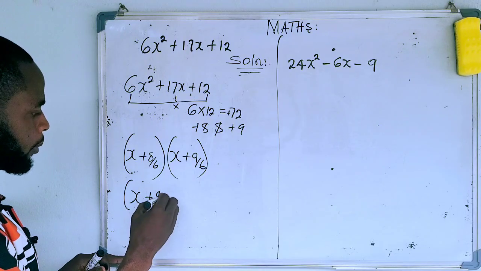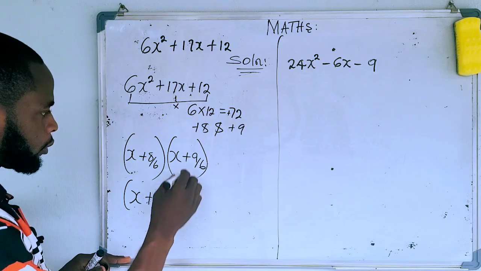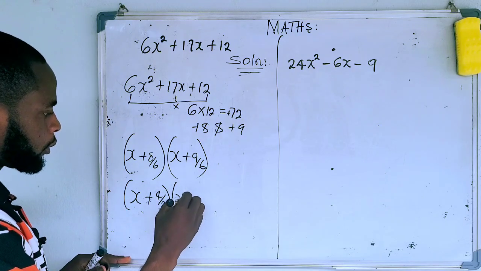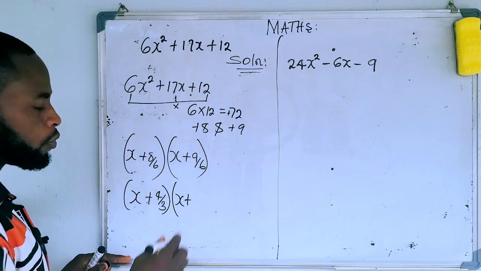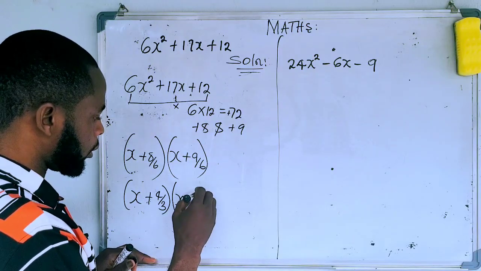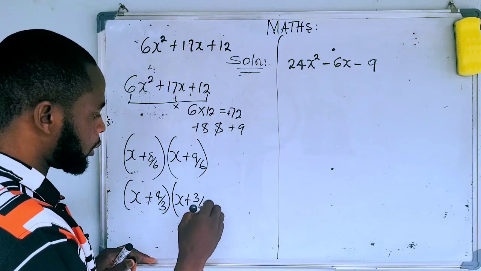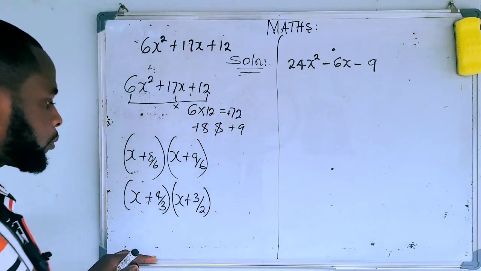Then 6 divided by 2, that will give you 3. And the same here, we have x plus 3 will go here. 9 divided by 3, that will give you 3. Then 6 divided by 3, that gives you 2.